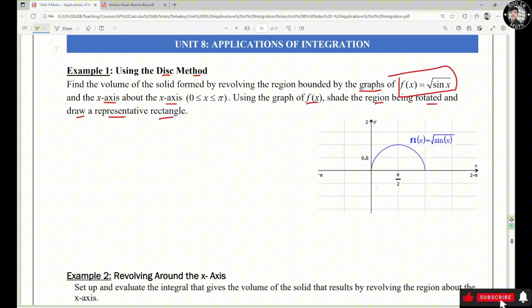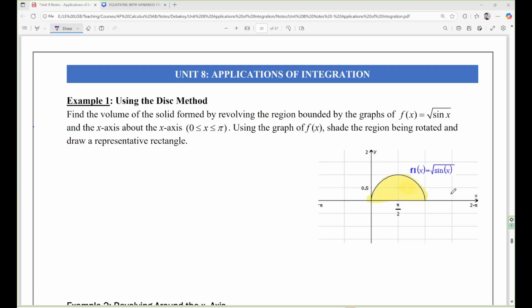So the region being rotated is right here, and the representative rectangle is going to be something like this. Now, if you revolve this about the x-axis, you will get a solid something like this.